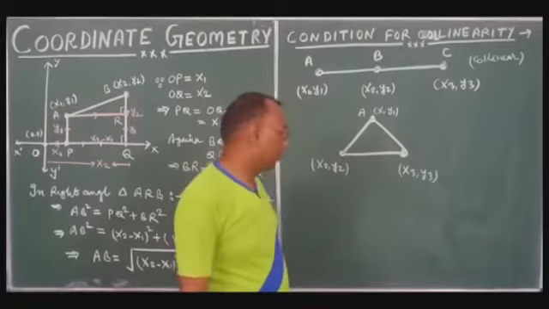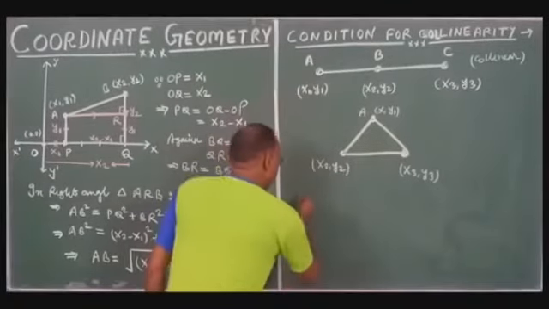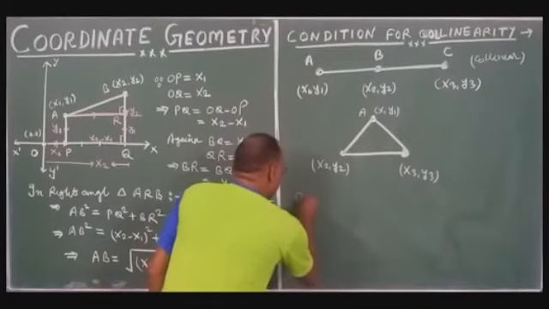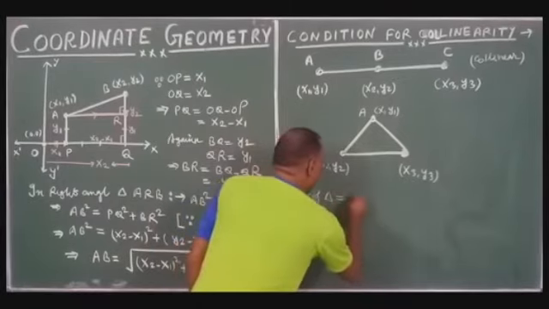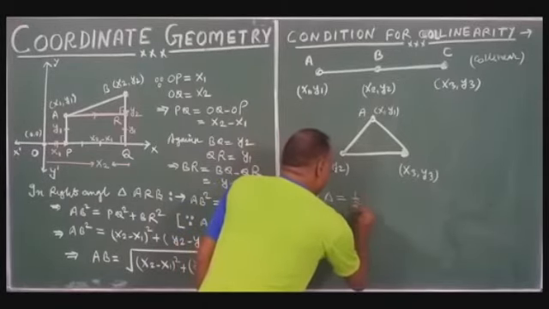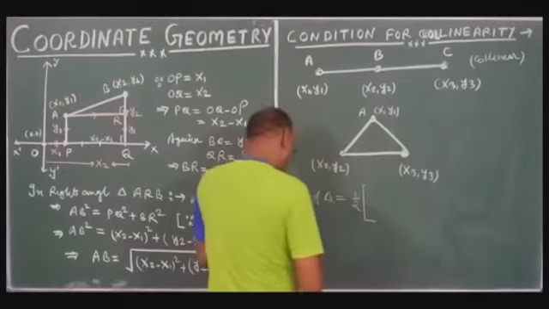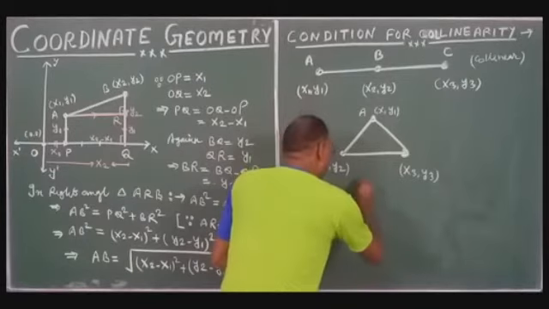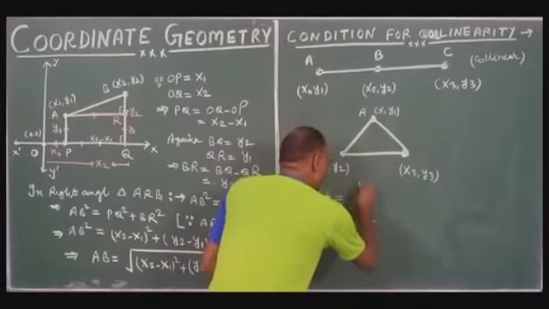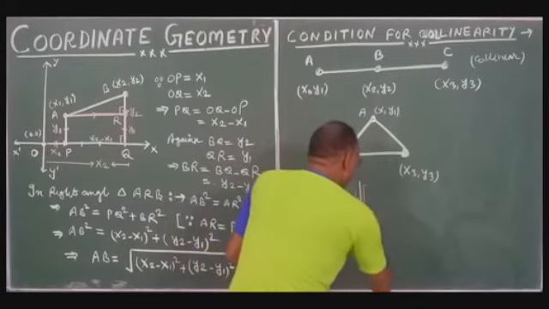Okay, so what can we say? Now first thing, listen, the area of a triangle is given by 1/2, with the modulus here, 1/2 mod, and just look at the inside, what is there?